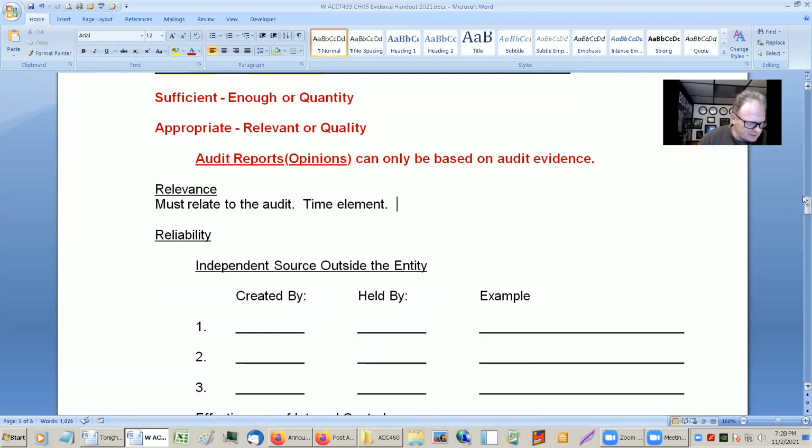For instance, I got this paper clip. This paper clip costs 2 cents, but it's going to last for 5 years. So do I depreciate the paper clip over 5 years? No. Materiality would say, instead of doing that, we'll just expense it because it's not worth it. So there's a time element, there's materiality, and a few other things that make evidence relevant and useful to the audit.